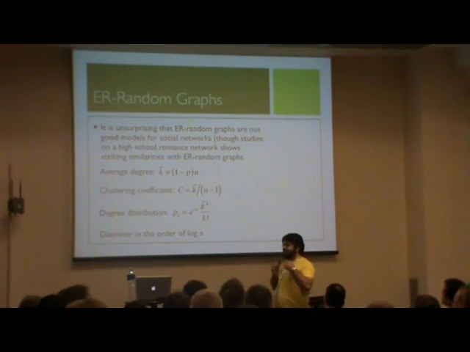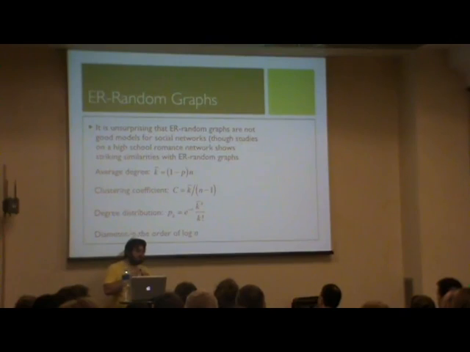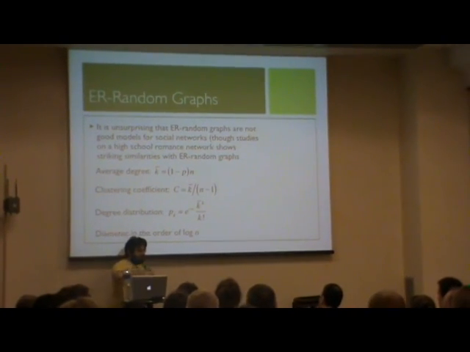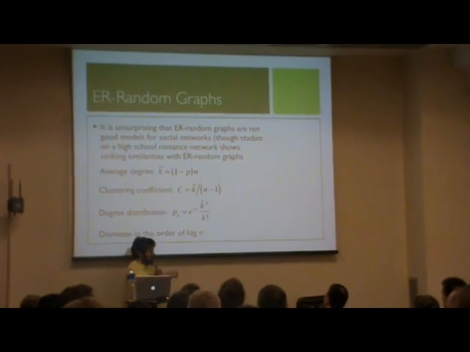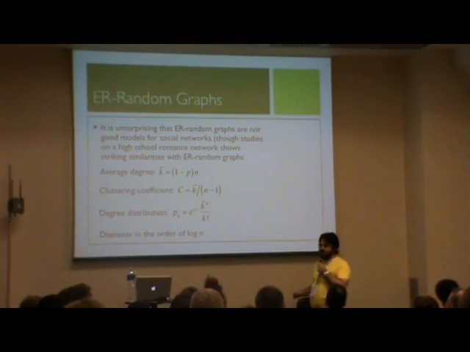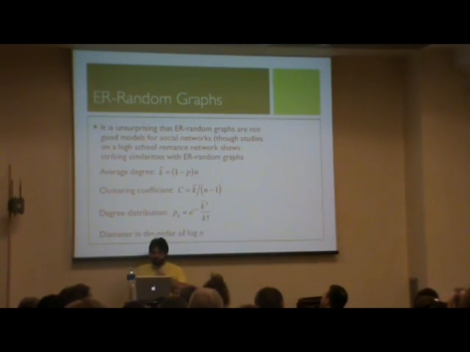So perhaps some human processes are very different from others. So friendship, knowledge, follow heavy tails, and something like a power-law degree distribution. But romance is more random, okay?